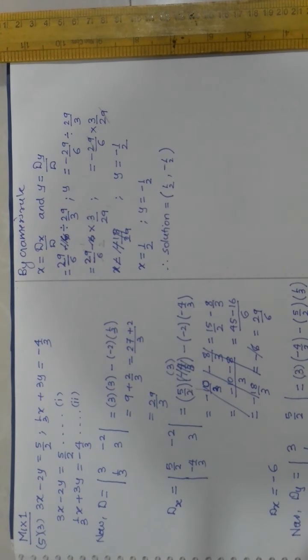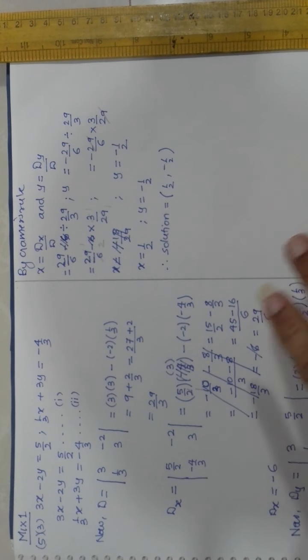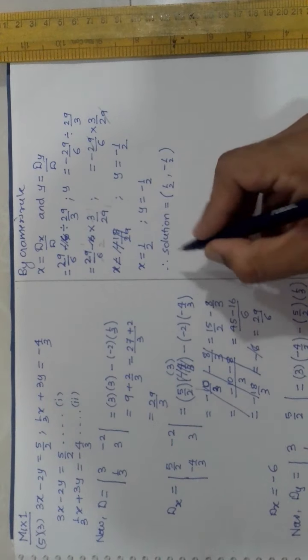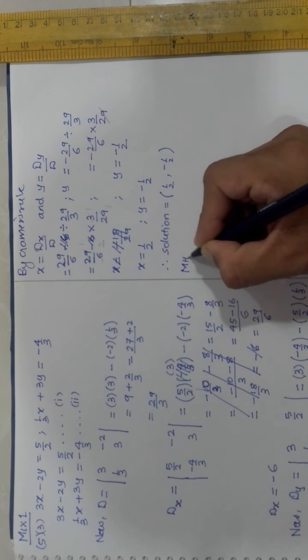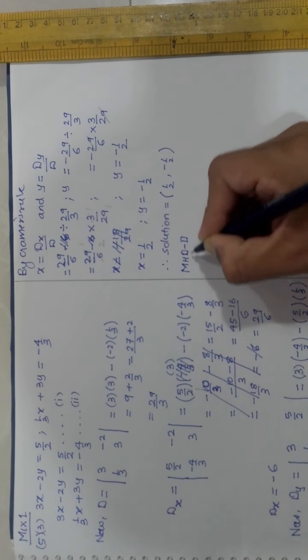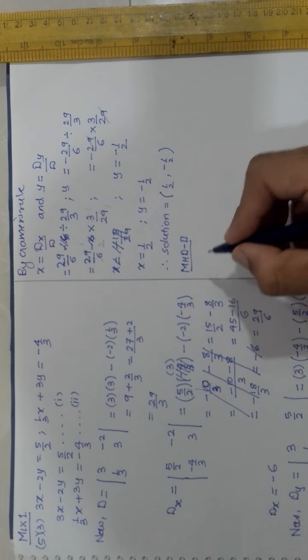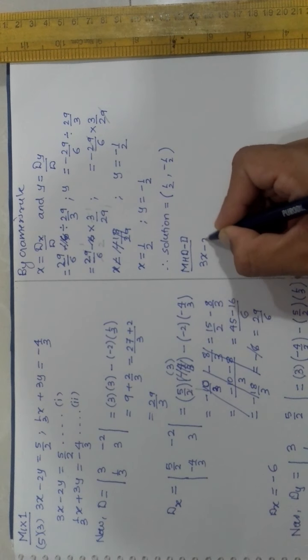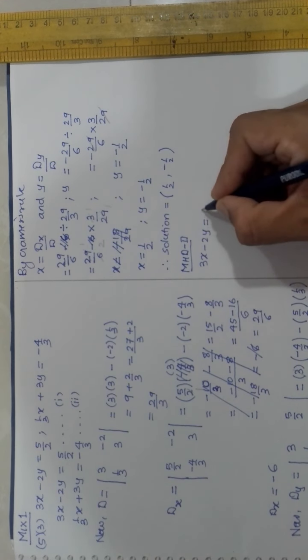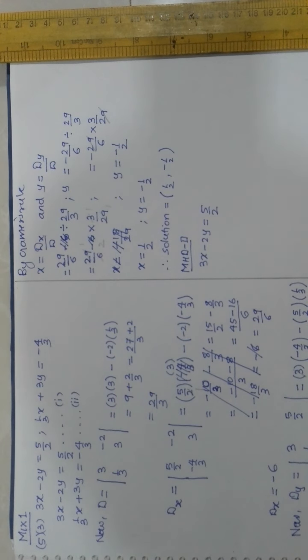Now can we solve this another way? Yes, we can solve this if you want to reduce the calculation. Let us go to the second method of solving. This is 3x minus 2y is equal to 5 by 2. This is my first equation.